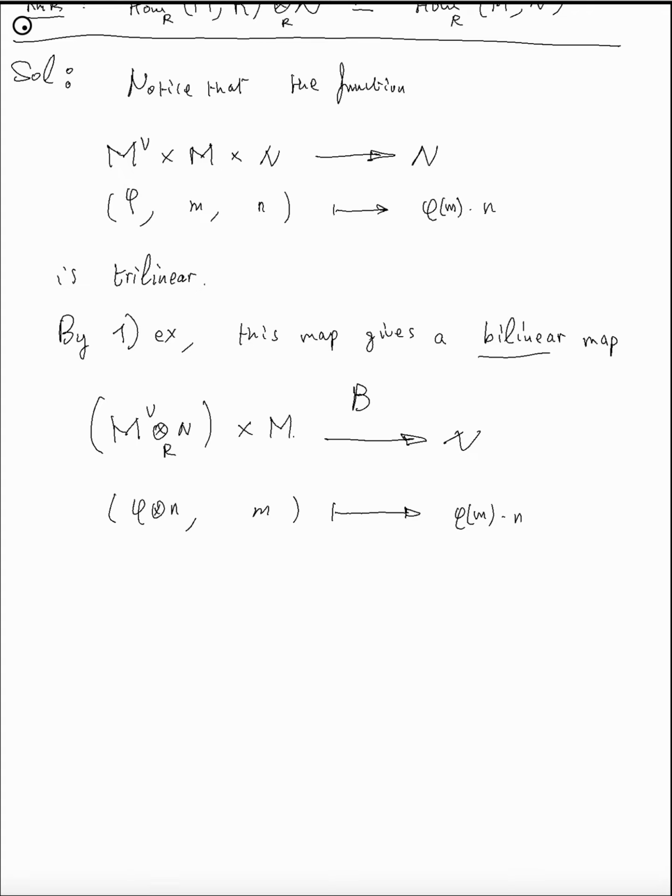Because this is bilinear, for any element, let's take it from here, this B_T is still linear, and so this is linear from M to N, right?